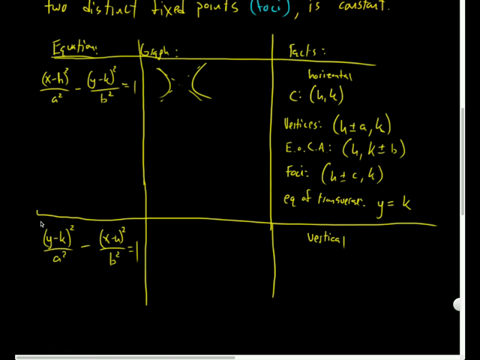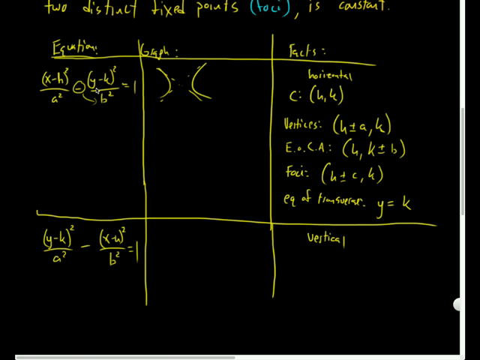Now, back in the days of ellipses, I told us that we could determine the orientation of the ellipse, basically saying that the larger denominator will be under the orientation variable, right? And that's kind of true in this case as well, in the sense that this minus sign I could think of as being applied to the b squared.